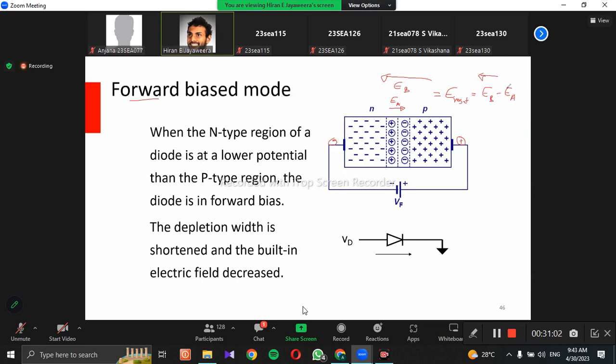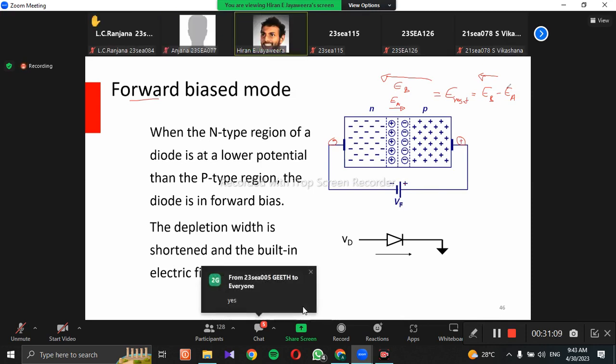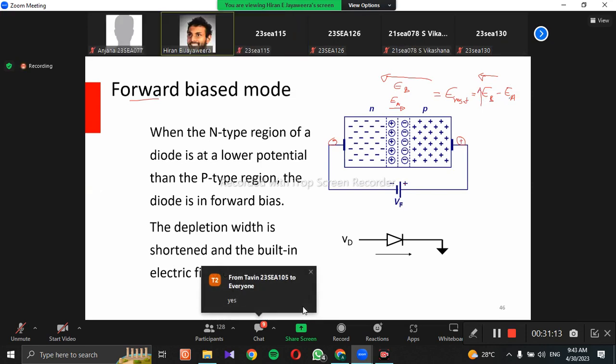Do you all agree with me? Now, just by increasing EB, you can make this positive. That means you can even kill the depletion region and make charged particles flow through this region. Since EA is well known for silicon, it is 0.7.